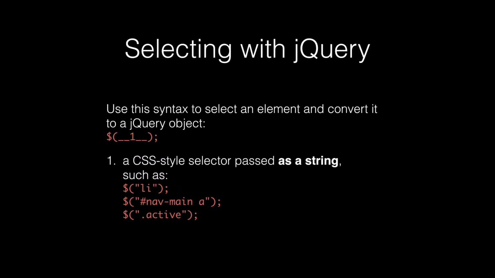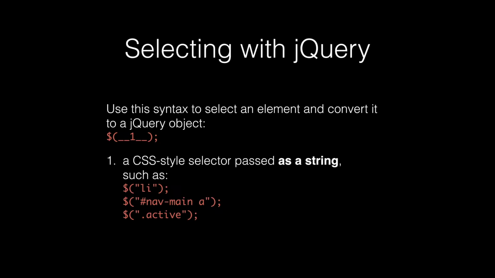But here we want to home in and talk about how we select things with jQuery and therefore introduce the jQuery object itself. Basically, the jQuery library and all of its functionality is stored in a variable that is the $ sign variable. So whenever you see a $ sign and then some action, particularly like what you see here, $ sign parentheses, what we're actually doing is calling the jQuery library and then doing some basic functions inside of it.